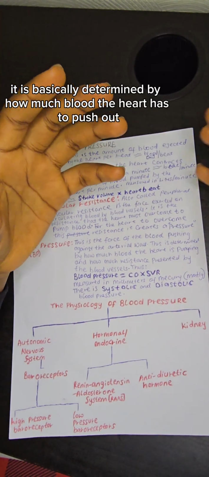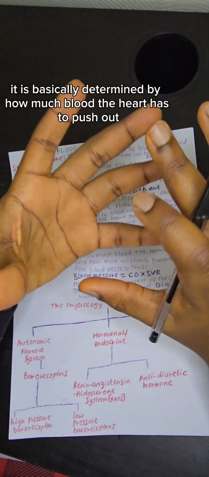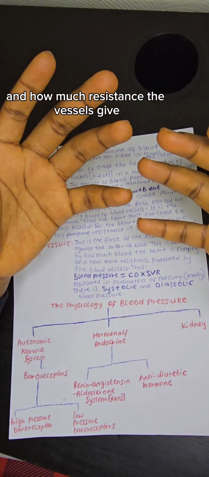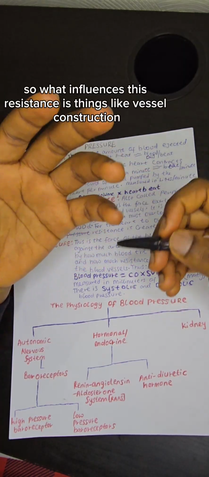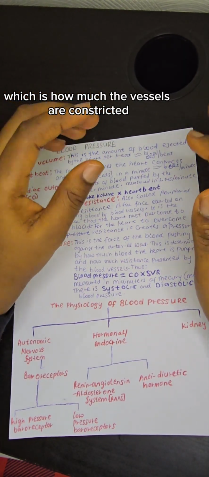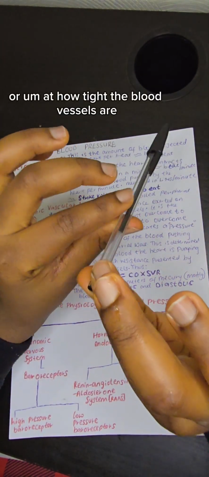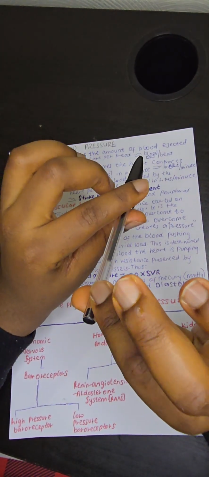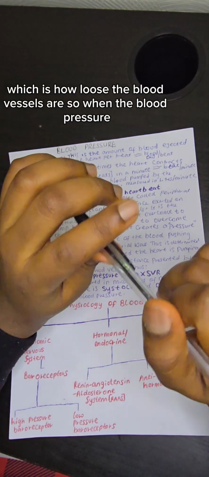It is basically determined by how much blood the heart has to push out and how much resistance the vessels give. So what influences this resistance is things like vasoconstriction, which is how much the vessels are constricted, or how tight the blood vessels are, or vasodilation, which is how loose the blood vessels are.